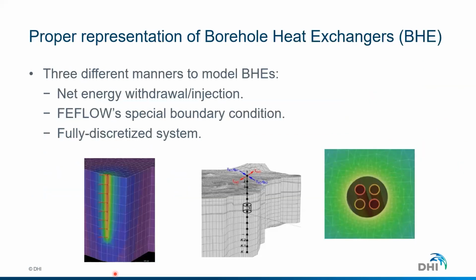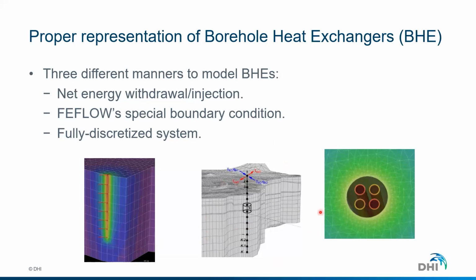Talking about closed loop systems, these are called borehole heat exchangers in FEFLOW. We have multiple ways to model them. From the most simplistic, where you define the net energy withdrawal or injection, so you say how many joules per day you have at different nodes, and then FEFLOW will simulate the propagation of this heat plume or cold plume, depending on the case.